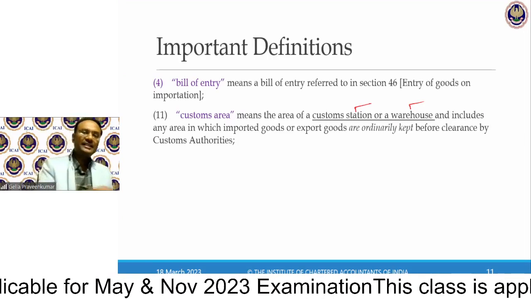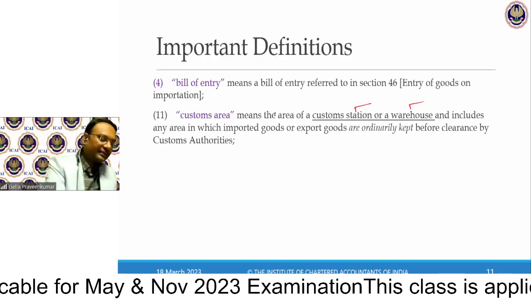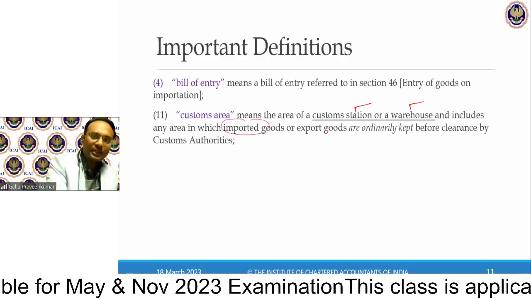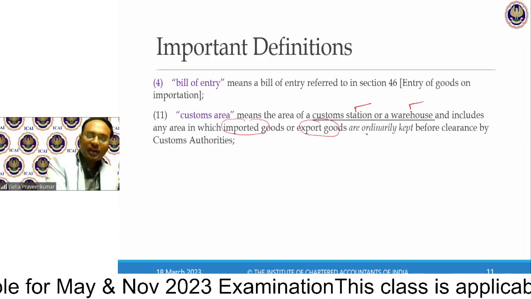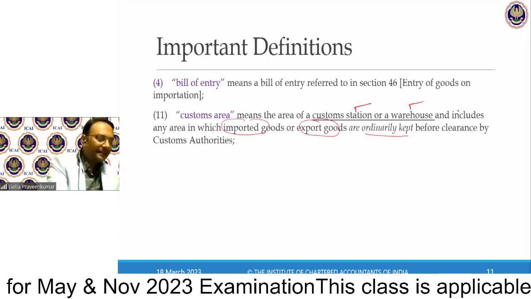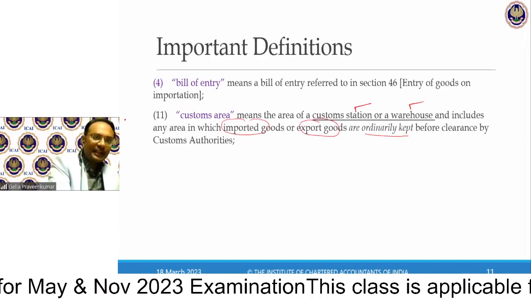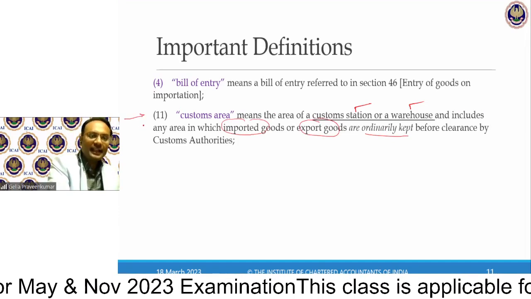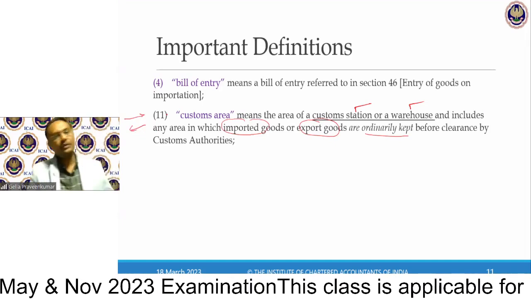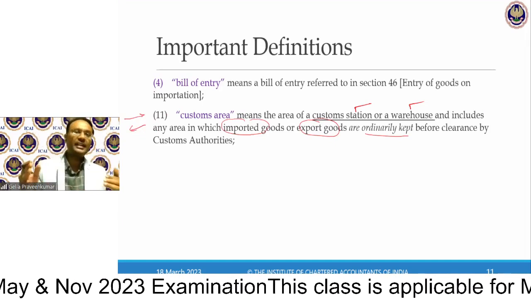That means this is the area where I have these imported goods or exported goods, which are ordinarily kept. Now, that means to say that entry to this area, exit from this area is not free.